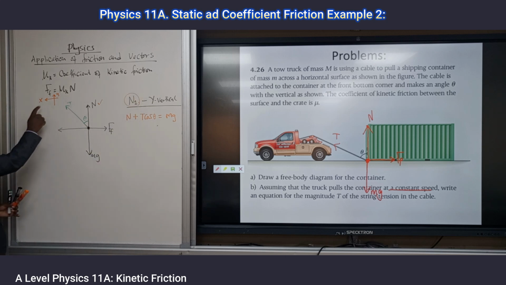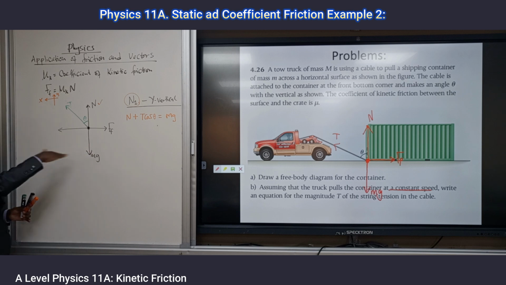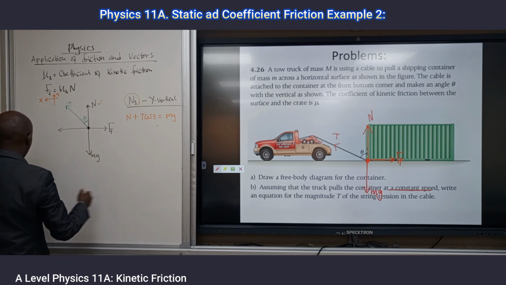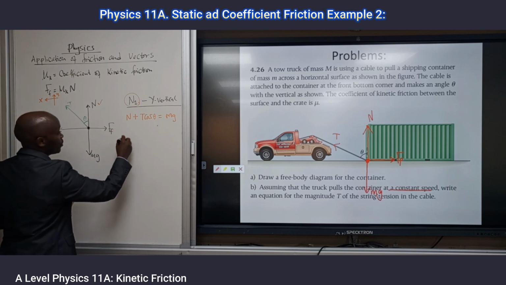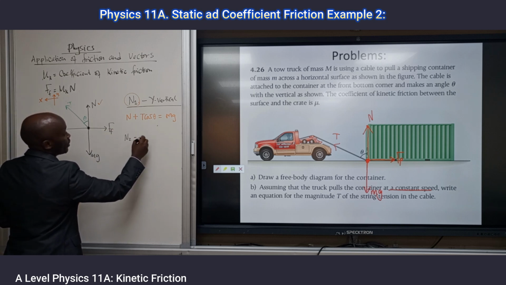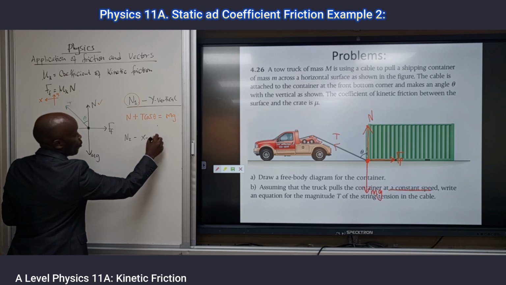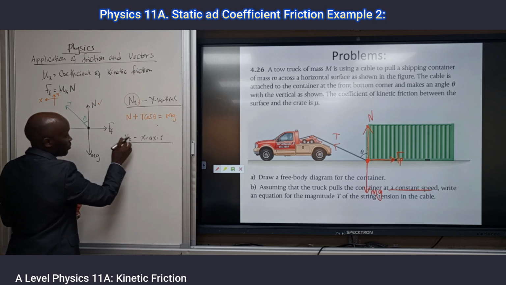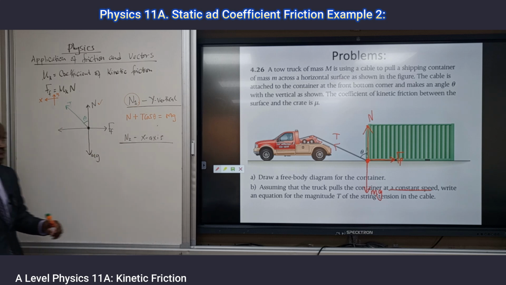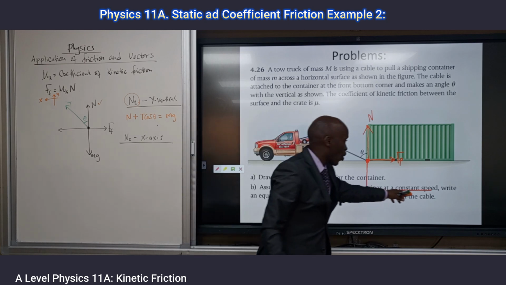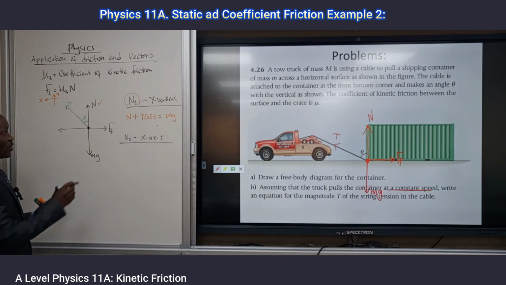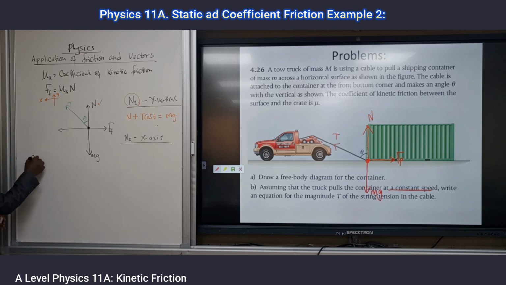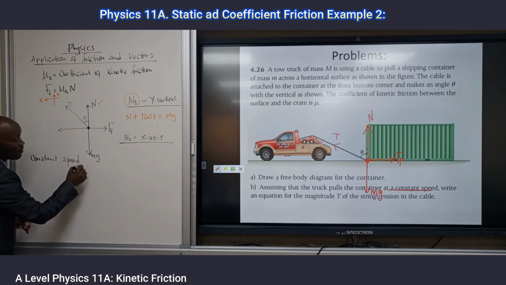Now, because we have motion along the x-axis, meaning the system is moving to the left, we can apply Newton's second law of motion along the x-axis. However, since the system is moving at a constant speed, just remember, constant speed means no acceleration.